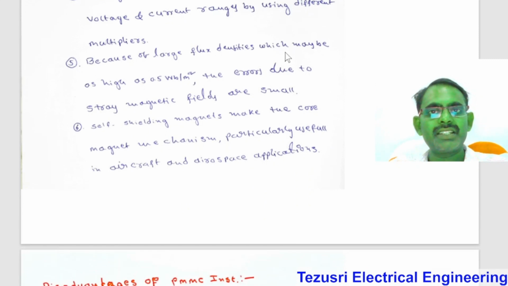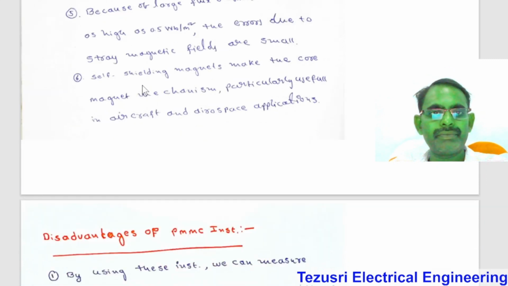Because of large flux densities, which may be as high as 0.5 Weber per meter square, the error due to stray magnetic fields is small. Because of the high flux densities, the stray magnetic field effect is smaller in the PMMC instrument.